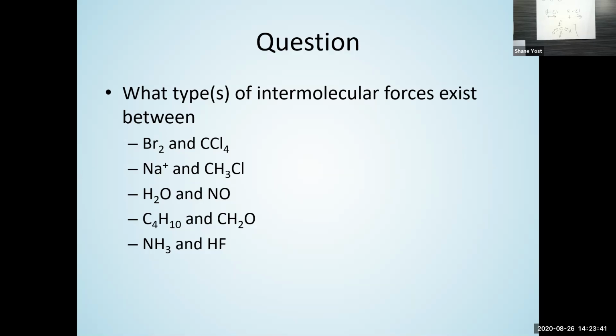And then H2O and NO. Hydrogen bonds, right? Water has hydrogen bonds with oxygen. And NO has a dipole moment as well as lone pair electrons, so NO can hydrogen bond in some way with the water.